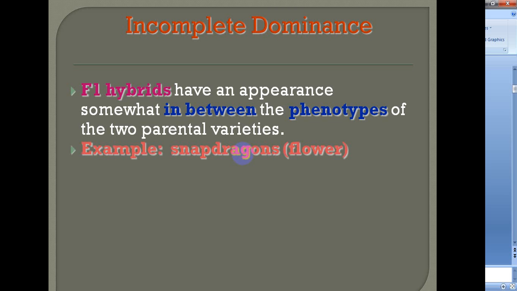An example is the snapdragon flower. Normally, there are two colors of snapdragon flower, red and white.